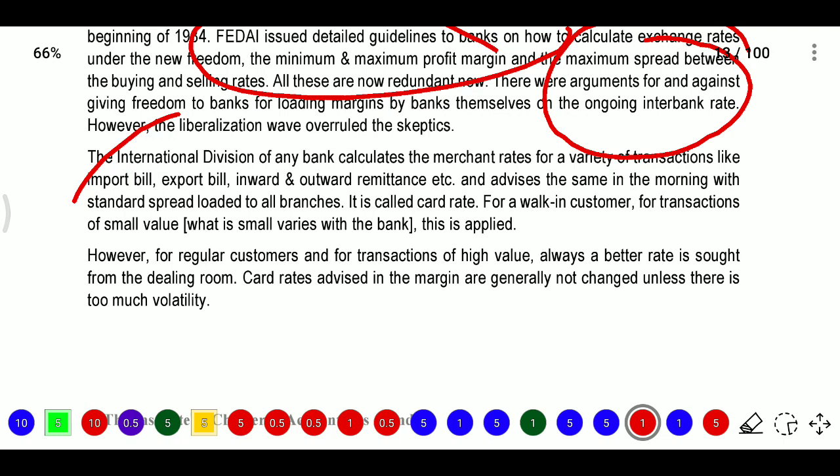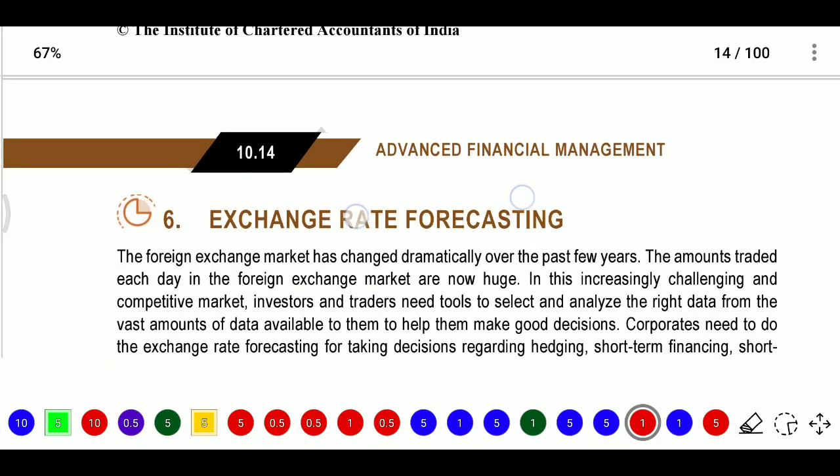However, for regular customers and for transactions of high value, a better rate is always sought from the dealing room. They give some benefits to whoever regularly works with that bank. Card rates are advised with margins that are generally not changed unless there is too much volatility; if there is, they will change the margin in the card rate.